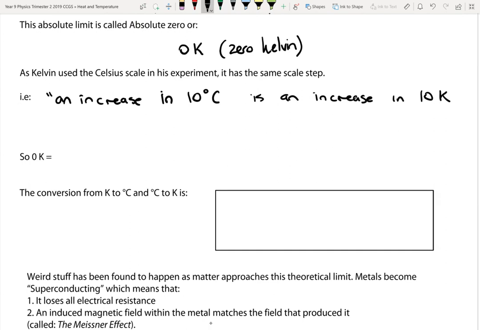What that means is if your change in temperature is 10 degrees Celsius, then your change in temperature is 10 Kelvin. How come you don't say degrees Kelvin? Well, what's that symbol? Delta. Delta means change in.